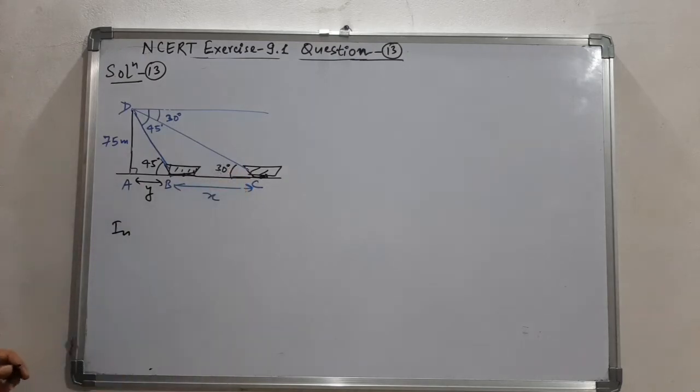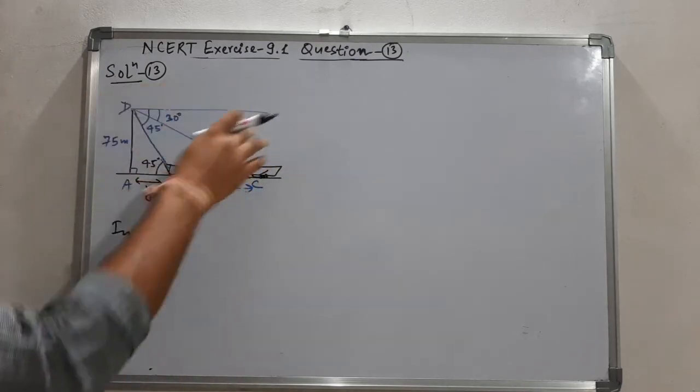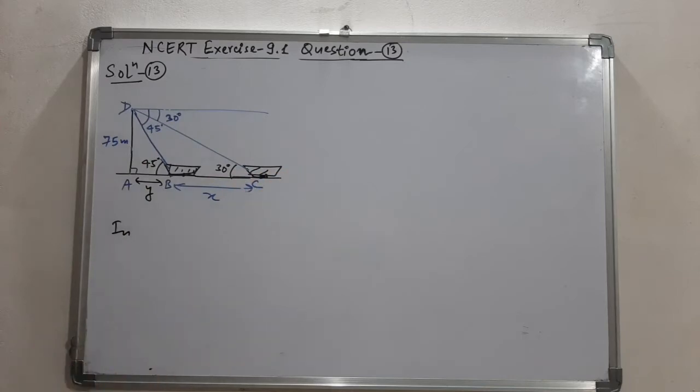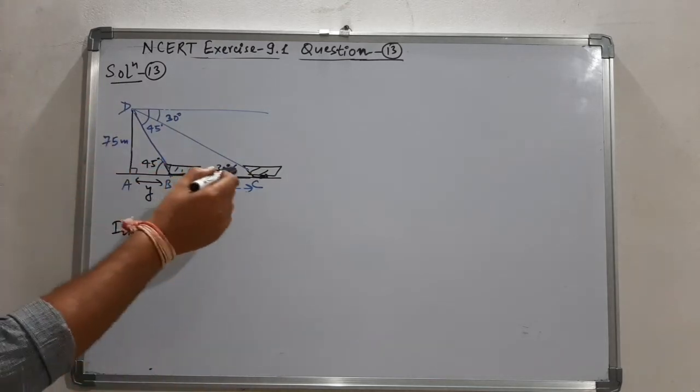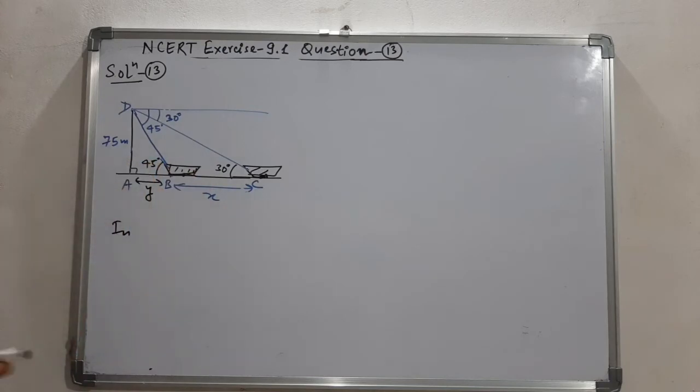By simple geometry, the horizontal level at the top and the base horizontal level are parallel, so DB and DC work as transversals, and these angles will be 30 degrees and 45 degrees respectively.